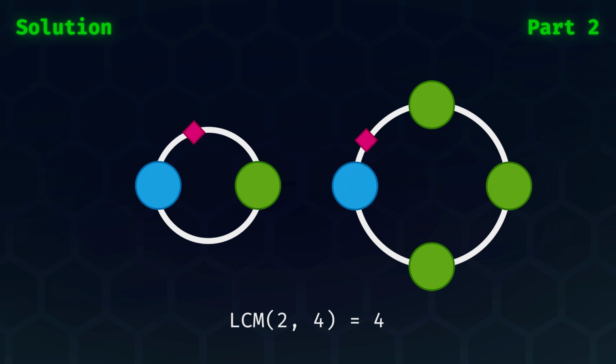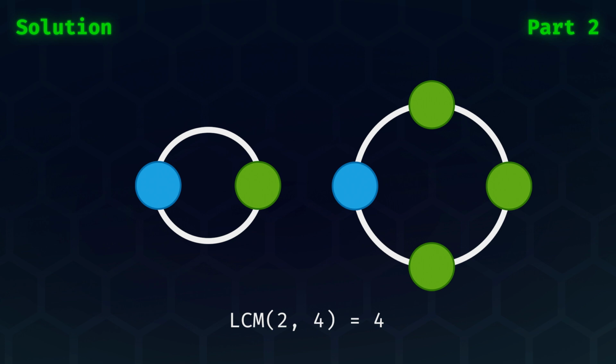Taking one step to the next node in our cycle puts us on two green nodes where we're not lined up. The next step has the small cycle again on the blue node. Next, they're both on green nodes again. And then finally, we found a number of steps where the two cycles are lined up again. Finding this length where the two cycles line up is also called the least common multiple.